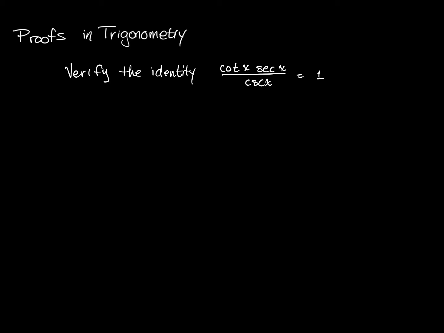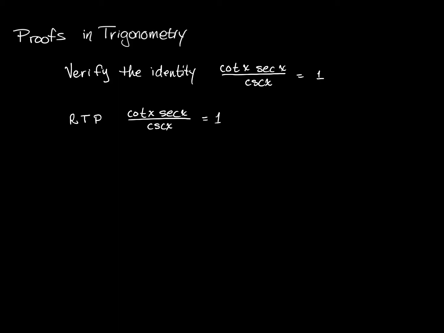We have to remember that we are required to prove, although for some people that step may be optional, we are required to prove that cotangent of x times secant of x all over cosecant of x is equal to 1.